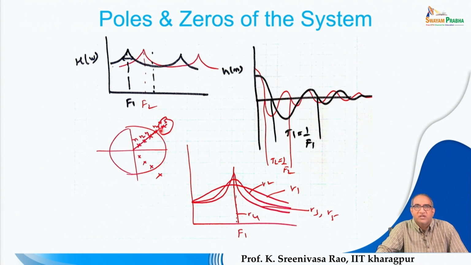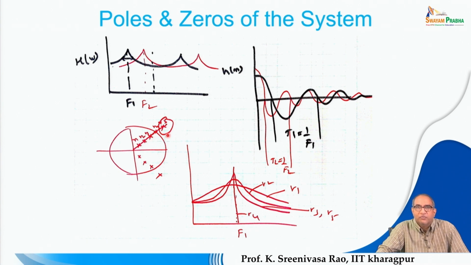If the poles move away further, the difference between poles within the unit circle and outside the unit circle is this: if the poles are within the unit circle, we say the system is a minimum phase system. That means if all the roots of the polynomials are within the unit circle, we say the system is stable.